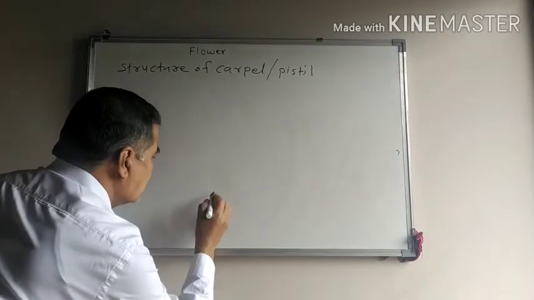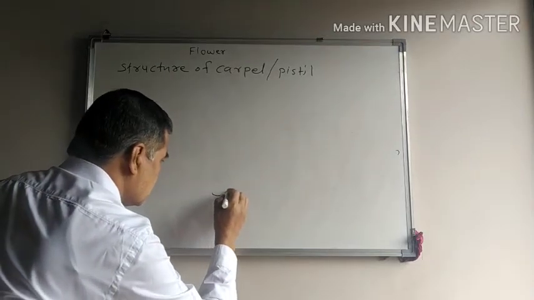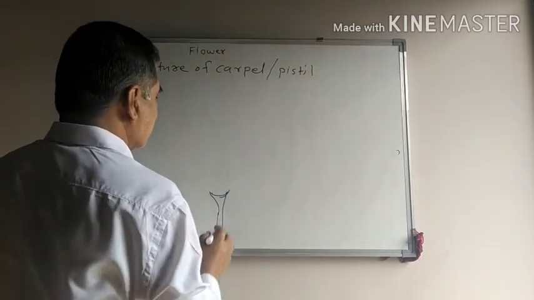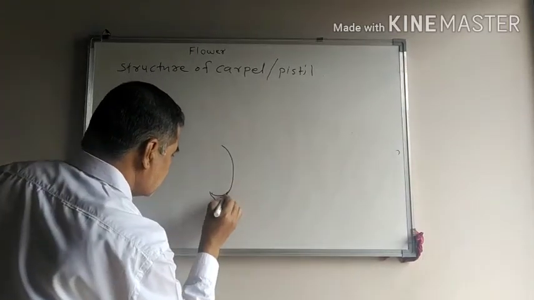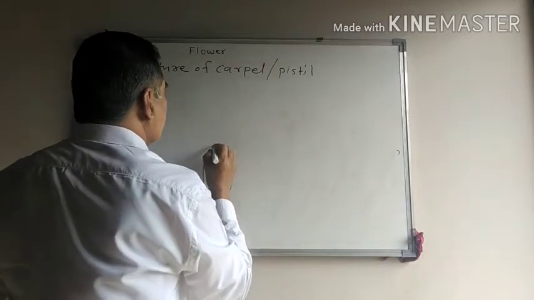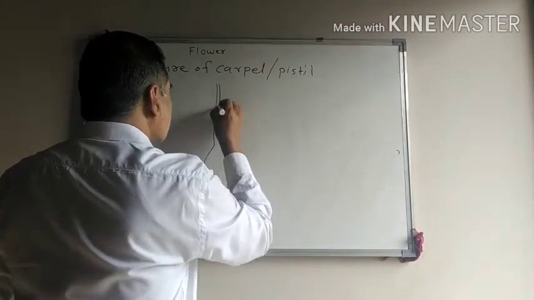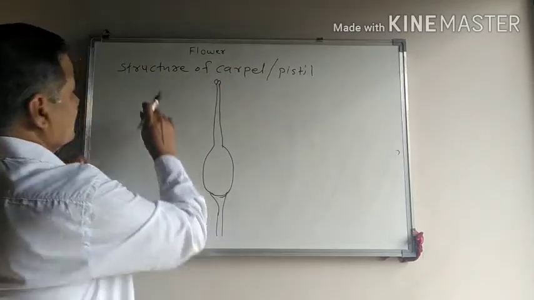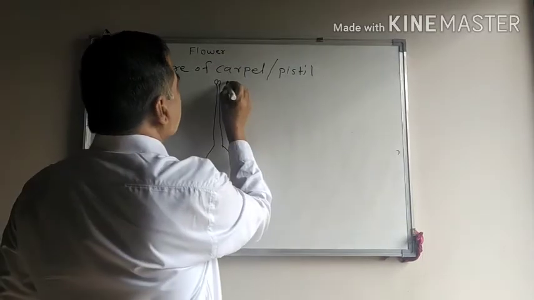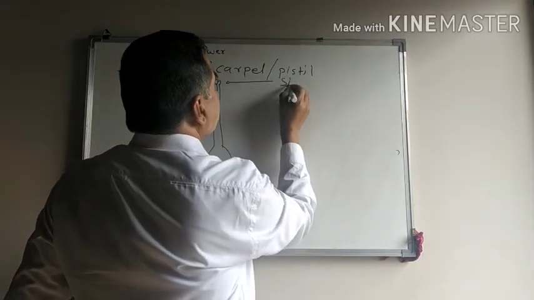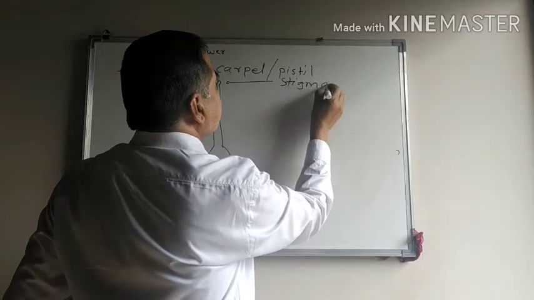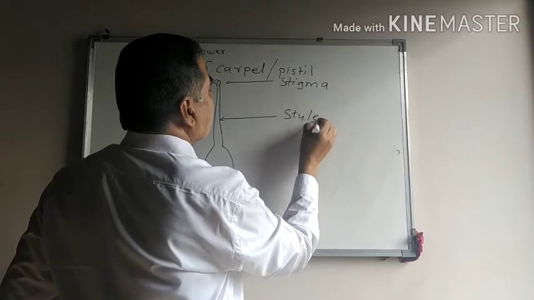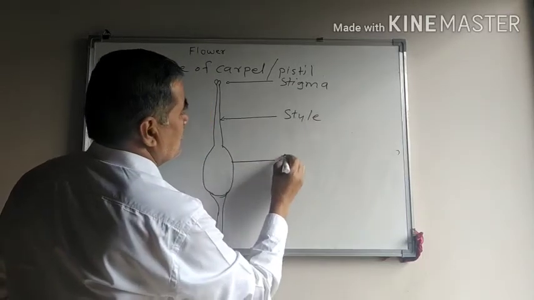The carpel consists of the basal portion, that is known as the thalamus. On the thalamus, the gynoecium is situated. This carpel consists of stigma, style, and ovary.